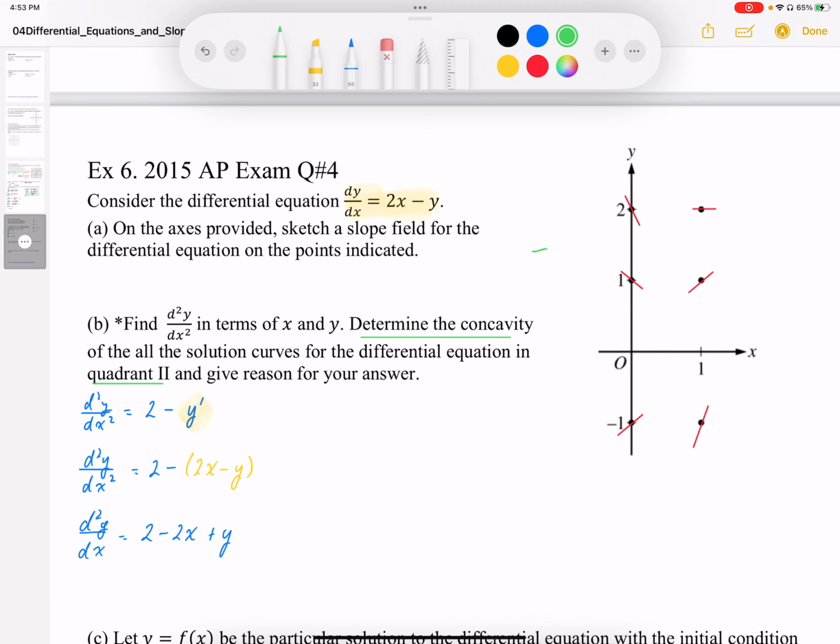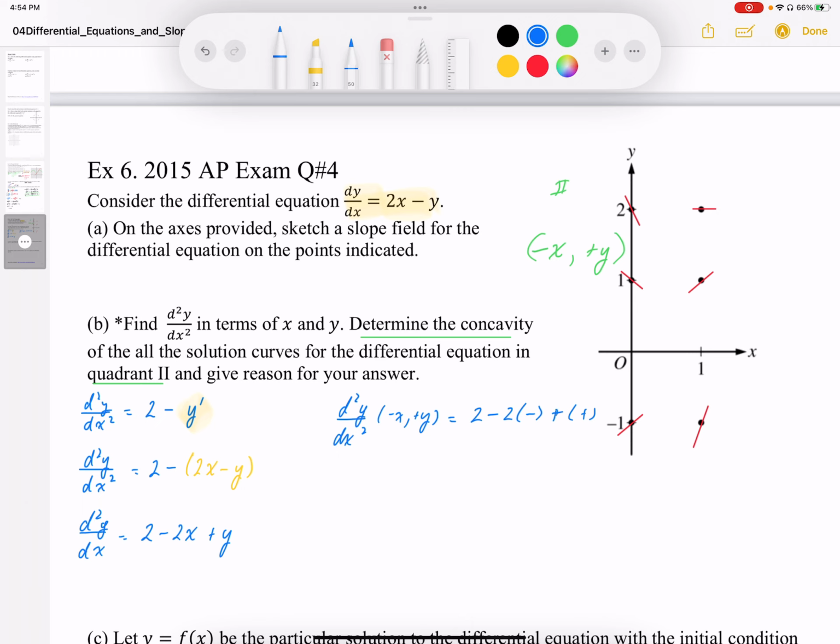In quadrant 2, we have a negative x and we have a positive y in this quadrant. If I plug in negative x and positive y into that, I just need to have sign analysis to determine if the second derivative is positive or negative. So if I write this out, I know that I have a negative x, positive y, so I end up with 2 minus 2 times a negative value plus a positive value.